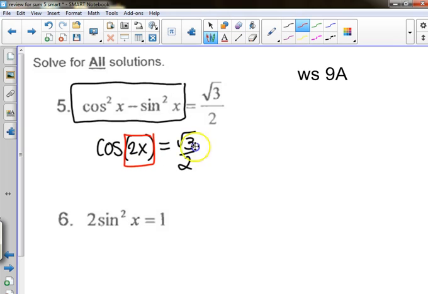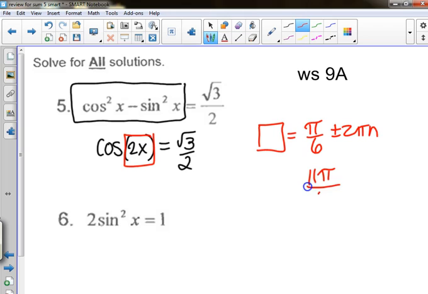When is the cosine square root of 3 over 2? And? Yes, you're right. Okay, but what's in that red box is not x, it's what? 2x. So what do we have to do?